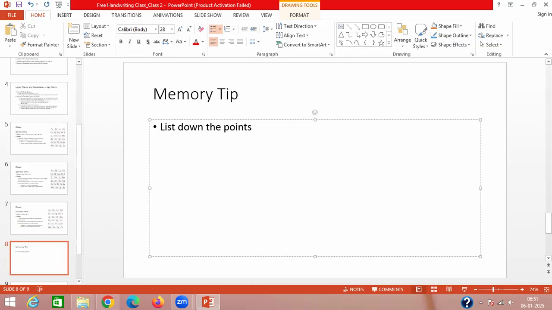List down the points which you have studied yesterday. Only key points.